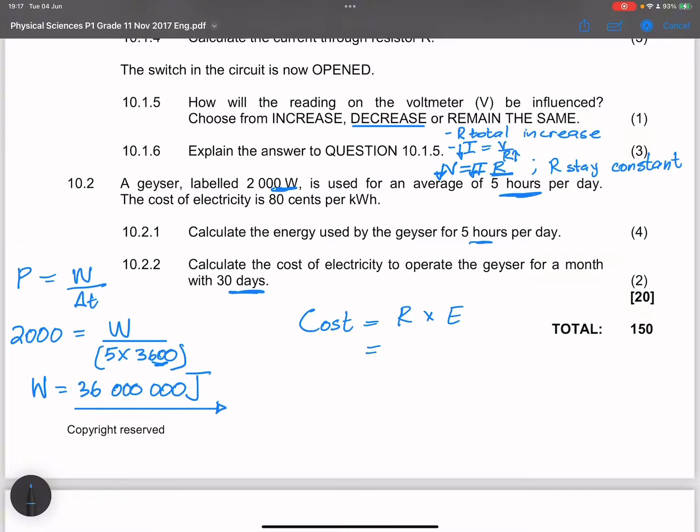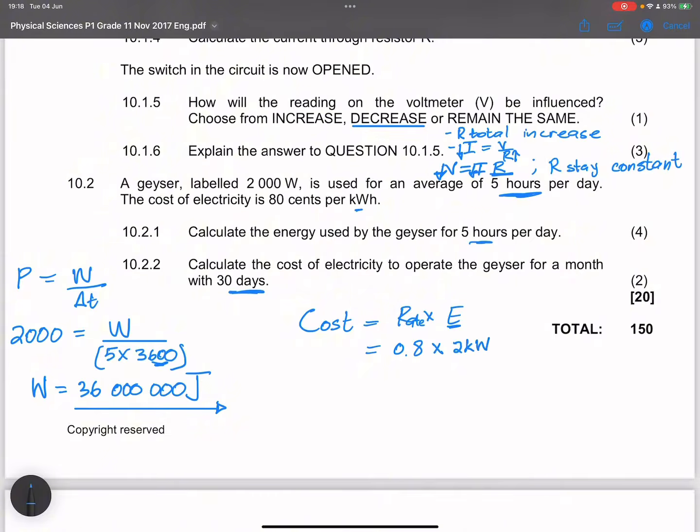In this case the rate, we said, was 0.8 multiplied by the energy in kilowatt hours. The power is 2000 watts, but we need to convert that to kilowatts. So 2000 watts is 2 kilowatts. Kilo means 1000.